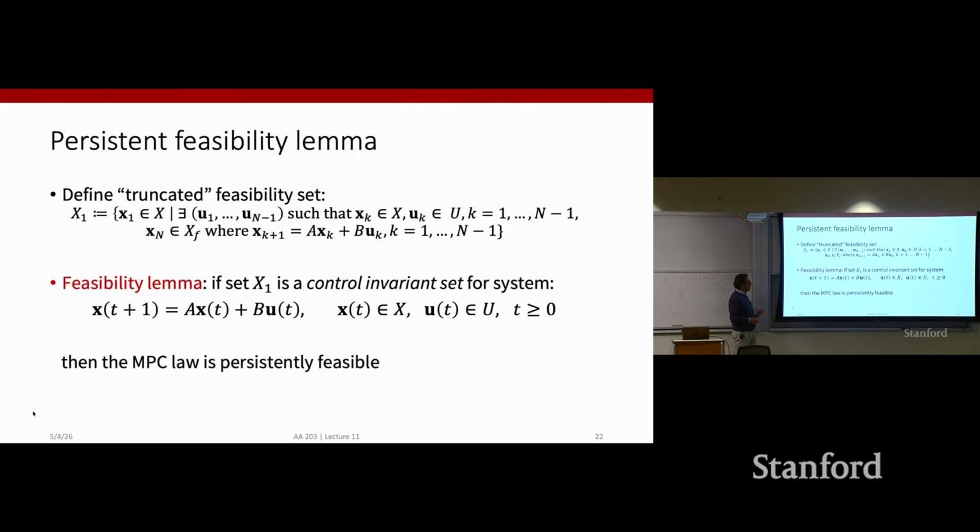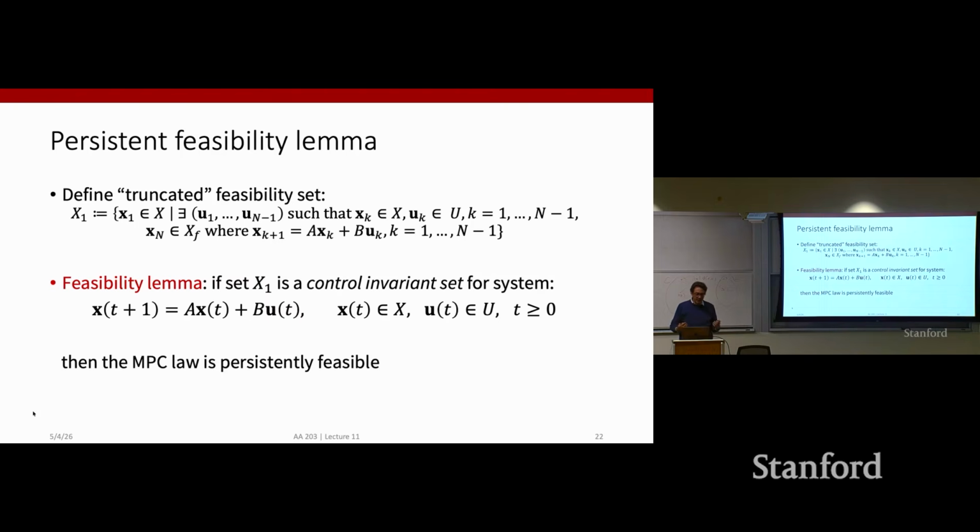Key result is as follows. If set X1 is a control invariant set for your system, then the MPC law is persistently feasible. The intuition is that basically if X1 is control invariant, you can use this control invariant to buy one step of staying in that set and then solve the problem for N-1 steps.